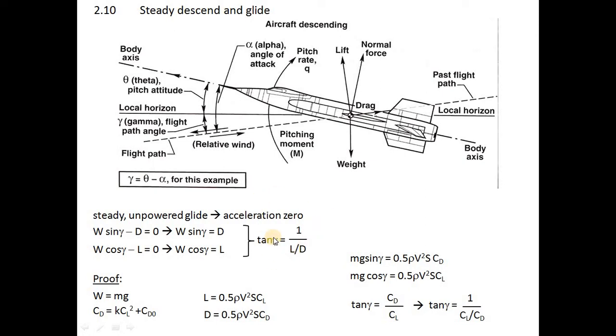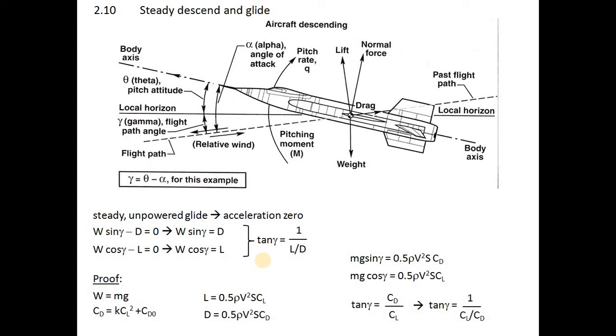Meaning that the angle gamma depends on your lift to drag ratio, or your lift to drag ratio depends on the angle of gamma. So either way, the higher the lift to drag ratio, the smaller your gamma, meaning that you can glide at a very minimal flight path angle if you have a high or maximum lift to drag ratio.